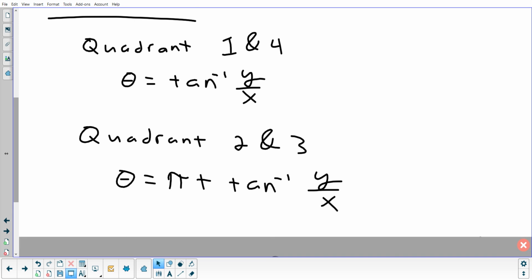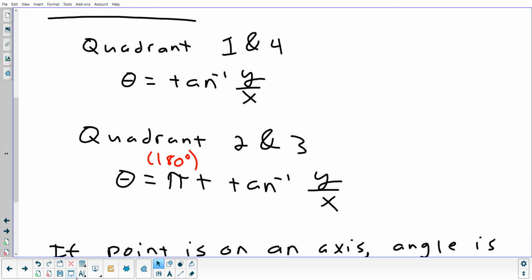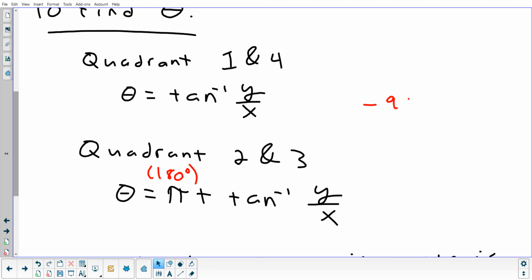If you're in quadrants 2 or 3, you have to add 180 to your answer. And that'll automatically give you an answer in quadrant 2 or 3. And if you're not sure why that works, just think about if you go from negative 90 to 90, and you add 180 to any number in that interval.